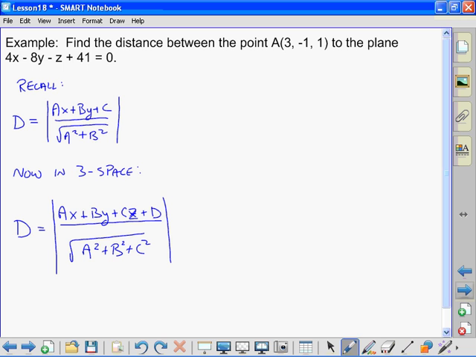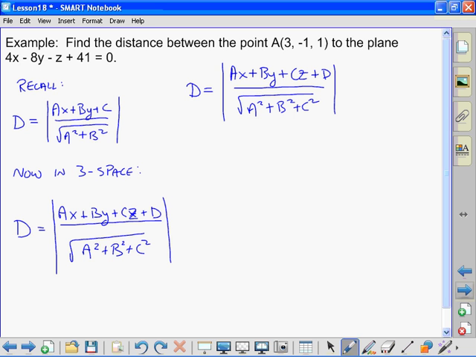So to answer their question here, ax plus by plus cz plus d over square root of a squared plus b squared plus c squared equals, so we already have the equation, and we're going to use the coordinate to fill in the missing values. So minus 8 times my y value minus the z value plus 41.